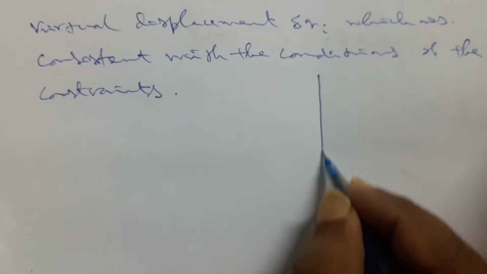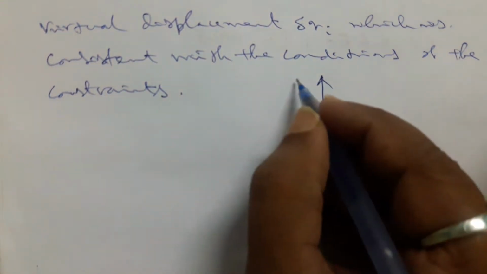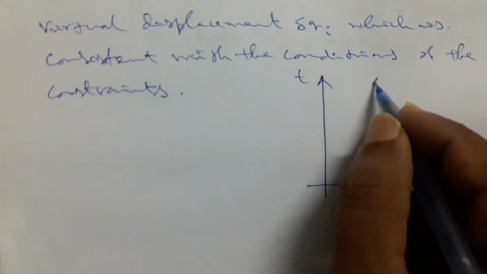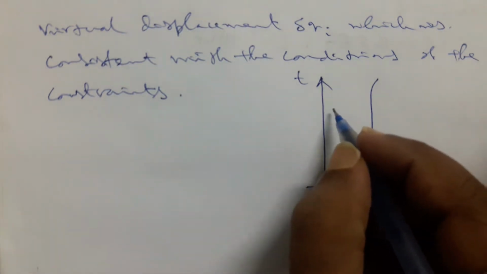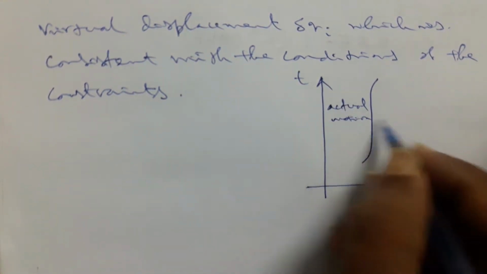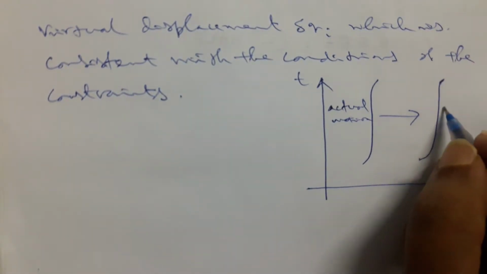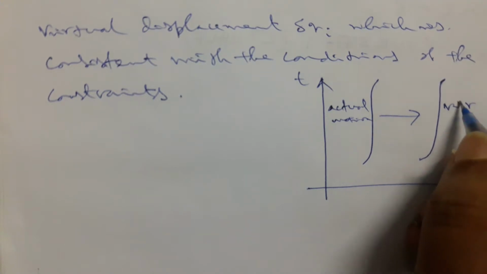And if we see here from the given figure, it is a generalized coordinate qi and it is time, and if we consider here the actual motion, and here we find another path, that is a virtual motion.